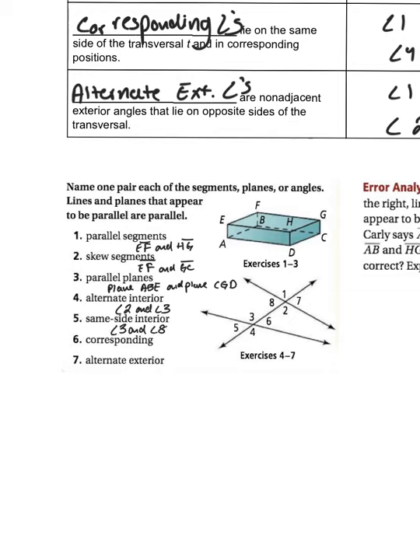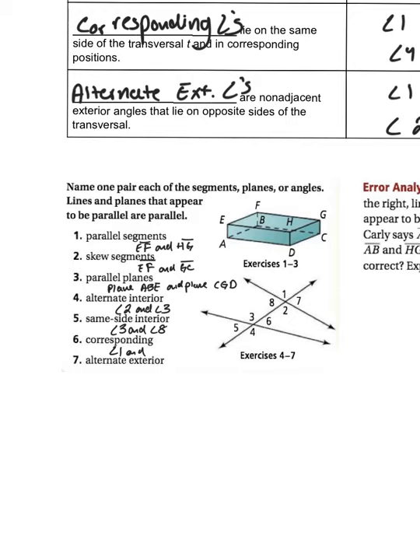All right, corresponding angles. Remember what corresponding angles are? They lie on the same side of transversal T and in corresponding positions. So let's look at angle 1. What angle is corresponding to angle 1? Angle 1 is lying on top, on the exterior side on the left of the transversal. Well, 3 is in the corresponding position, but it's on the interior.